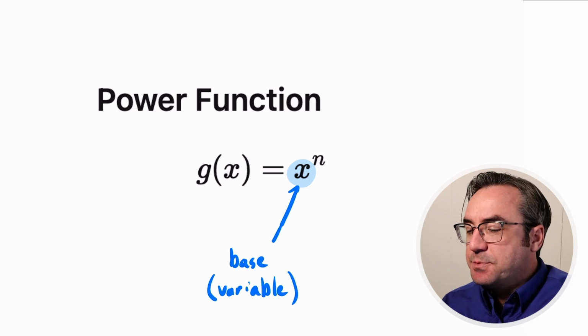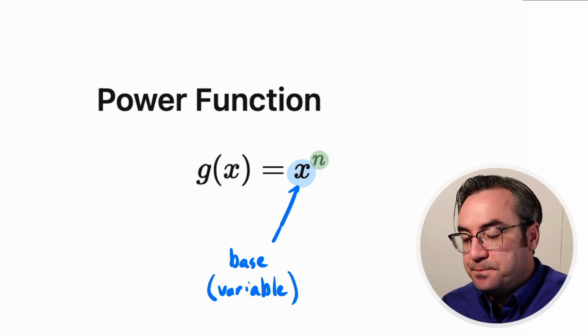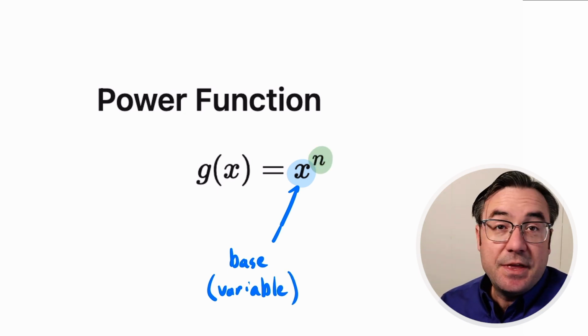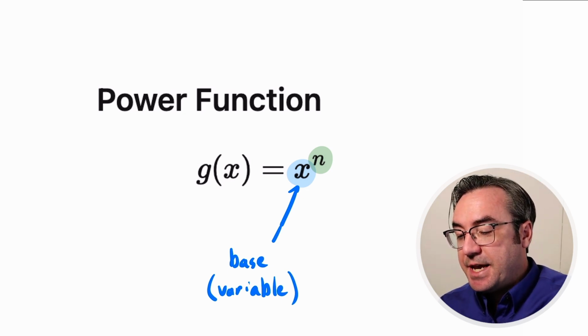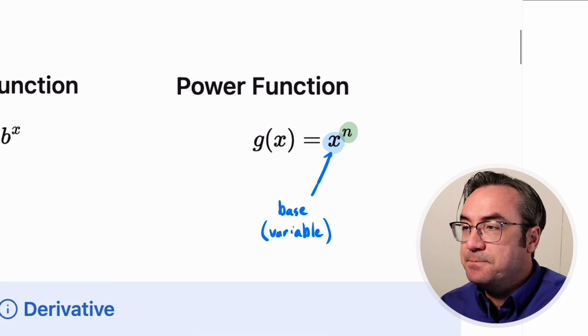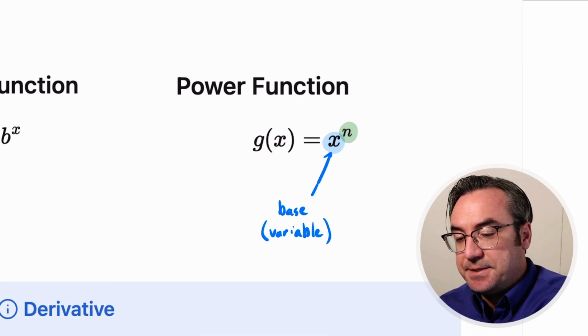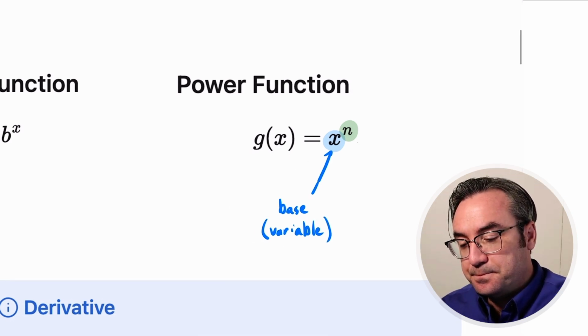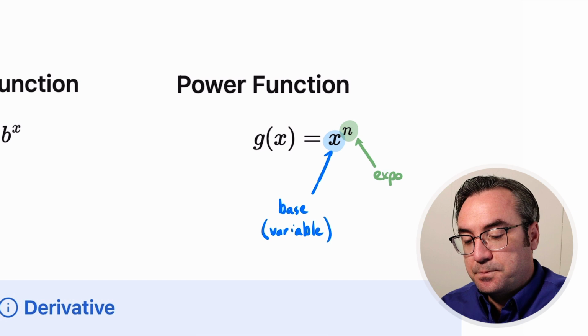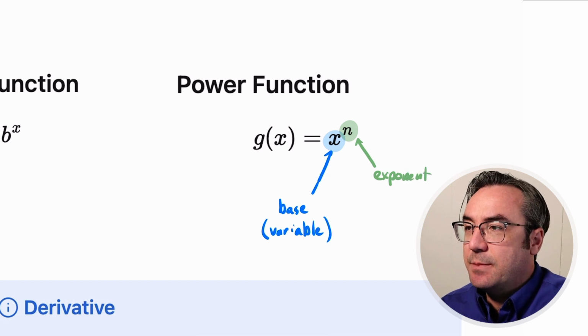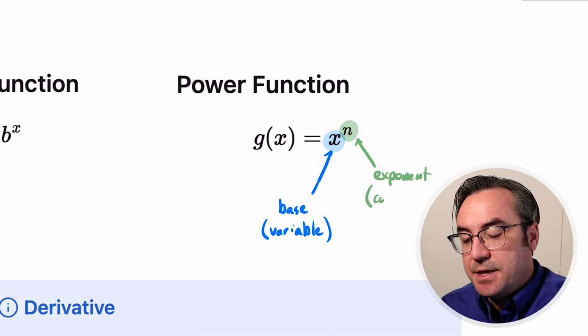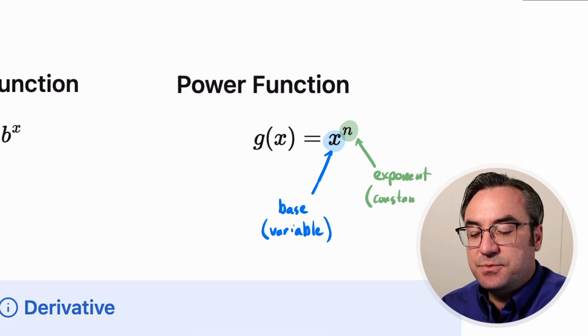Now the upstairs portion, the exponent, in this case, when we're talking about a power function, is a constant. So our exponent is just a number. It's just a constant.